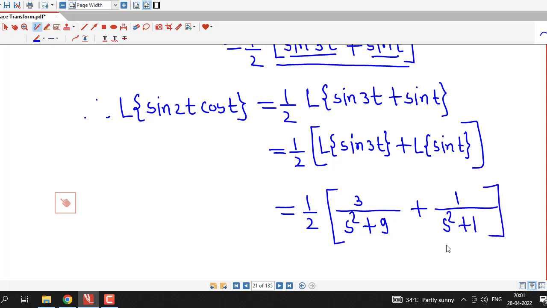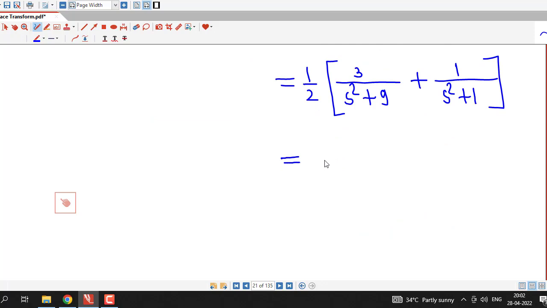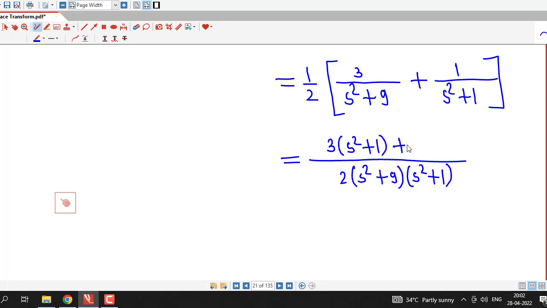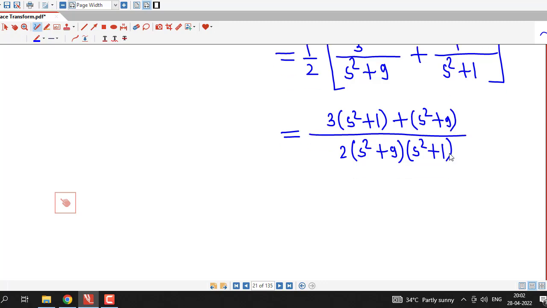And if we wish, we can simplify this by taking the LCM. The LCM is (s square plus 9) times (s square plus 1), and the 3 is multiplied with s square plus 1, and plus 1 times s square plus 9. We can rewrite this as 1/2 times [3(s square plus 1) plus (s square plus 9)] divided by (s square plus 9)(s square plus 1).